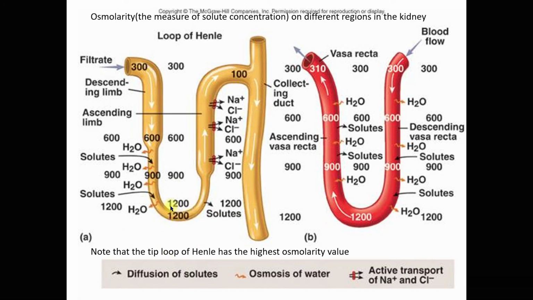Then as we go up the ascending loop of Henle, what happens? In the thin ascending loop of Henle, some sodium chloride diffuses out. In the thick region of the ascending loop of Henle, some sodium chloride is actively transported out. Remember I mentioned earlier, this is where the active transport of sodium ions occurs, and this is where the passive transport of the chloride ions occurs.